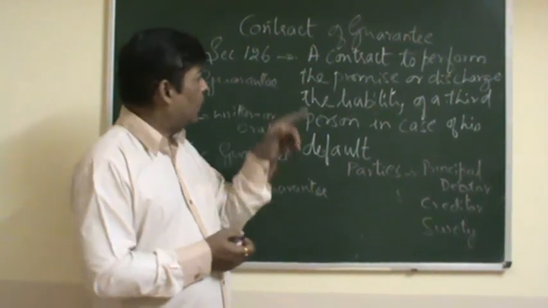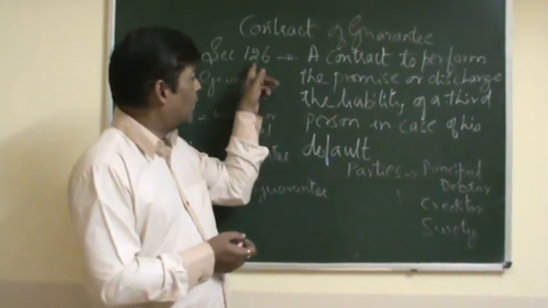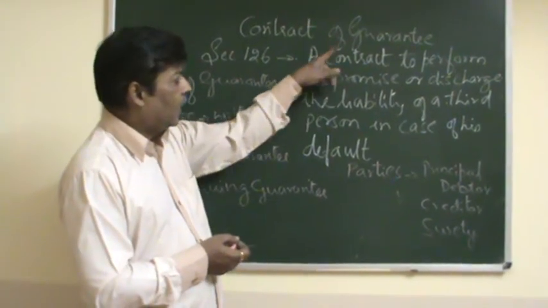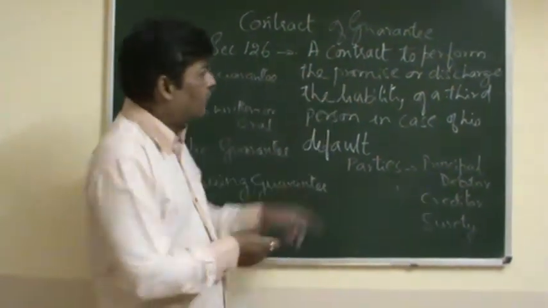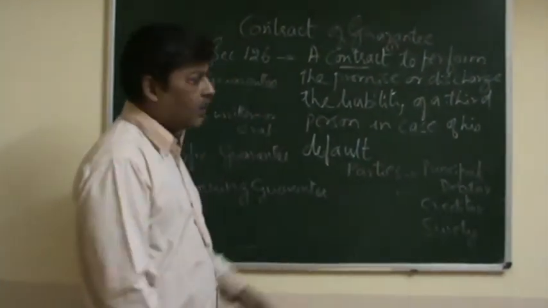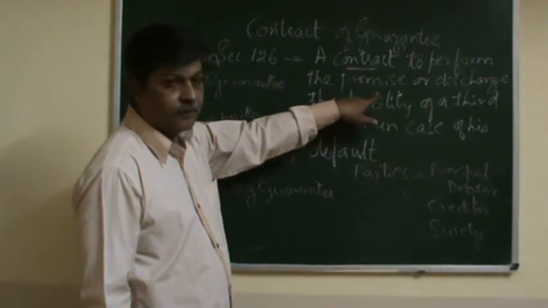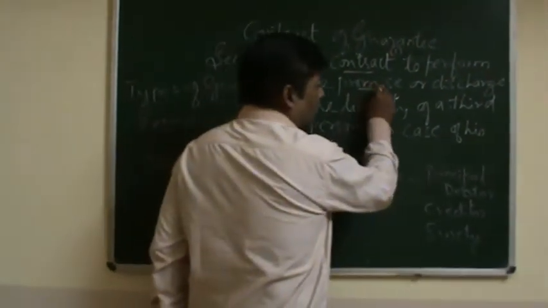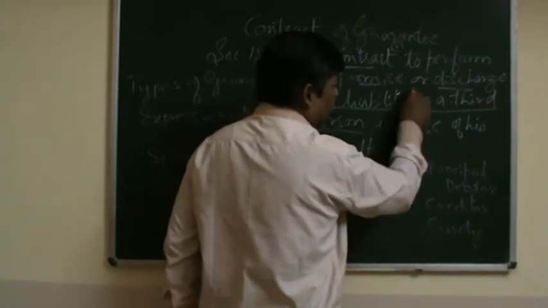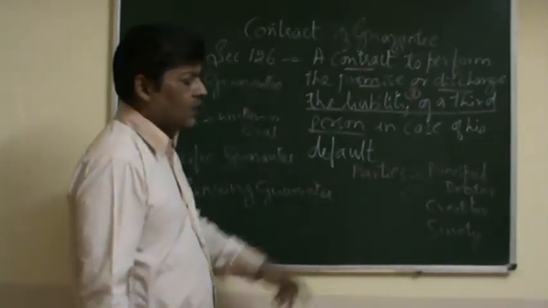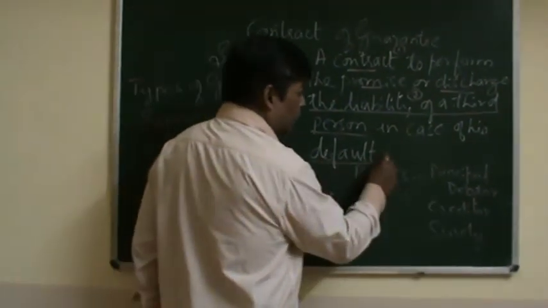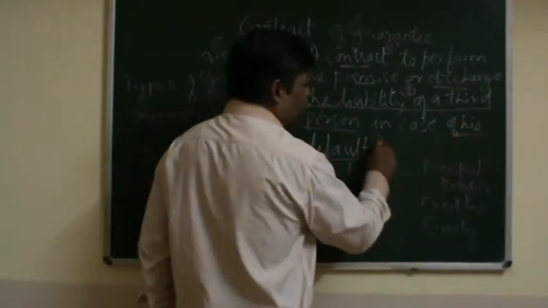The contract of guarantee is explained in section 126. A contract of guarantee is a contract. Remember, it is a contract to perform the promise or discharge the liability of a third person in case of his default.